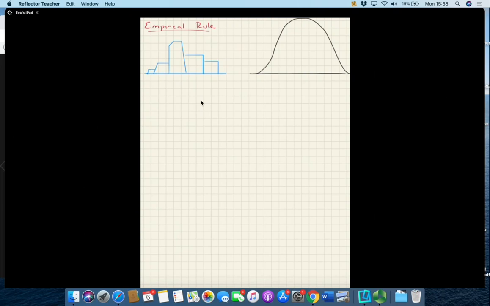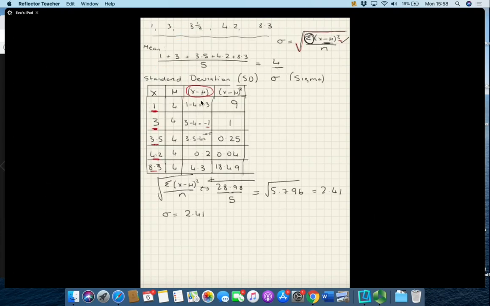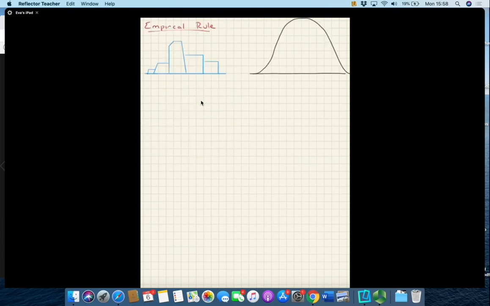So the histogram that you know and well, I could draw a normal distribution around it.